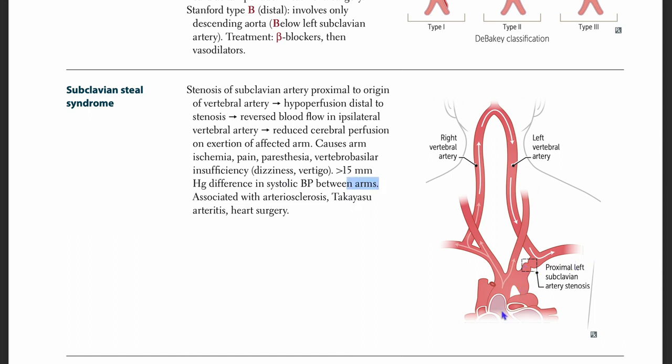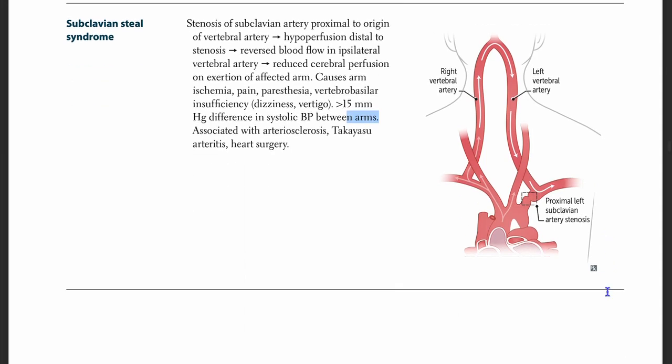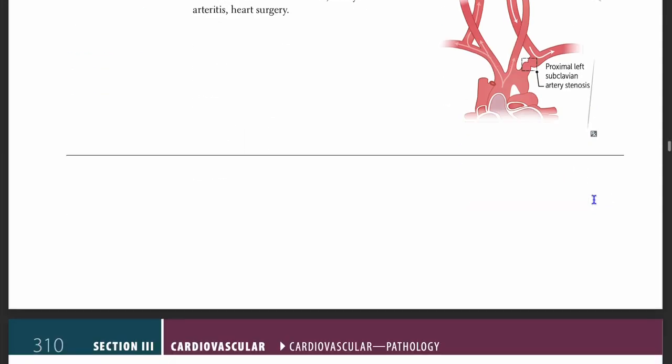Most importantly, the blood pressure is going to be different on this one, because here it's 120 mmHg on this side, and then over here it's going to get reduced because it's going through 1, 2, 3 turns, and that's going to reduce the pressure. Okay.